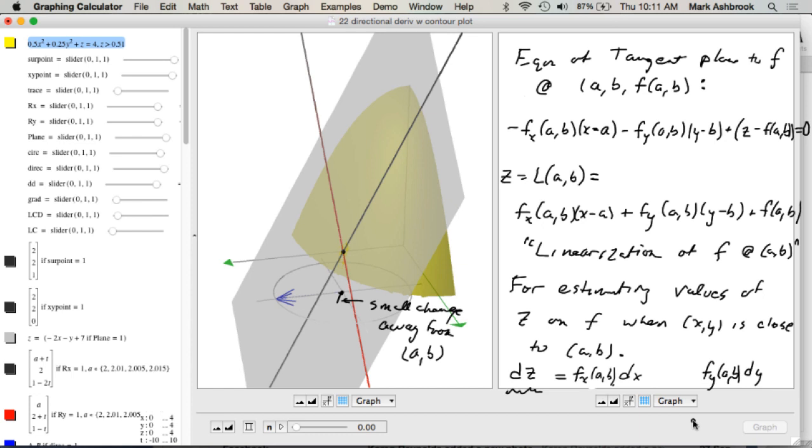Sometimes in math, things are as easy as you'd hope they would be. What's the total change in z due to the change in x and the change in y? We get to add them together. It makes sense, right? If that's my little change, I had a little change in x this way, and I'm going to get a change in z for that.